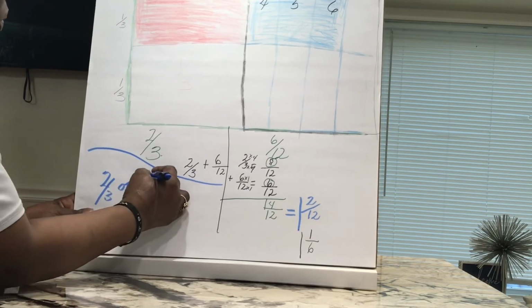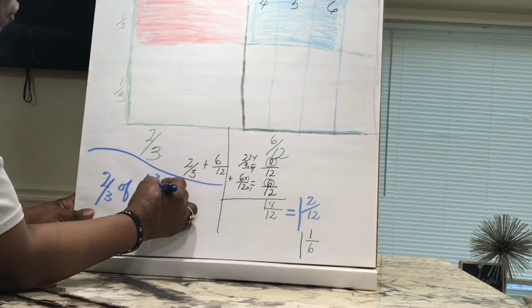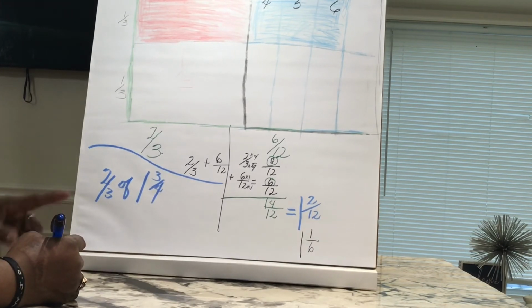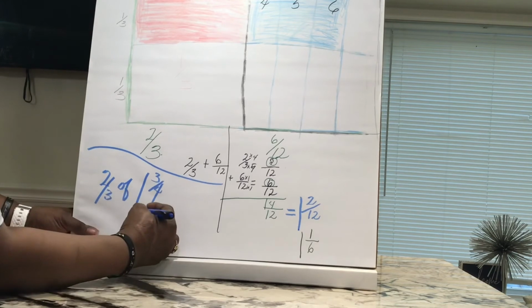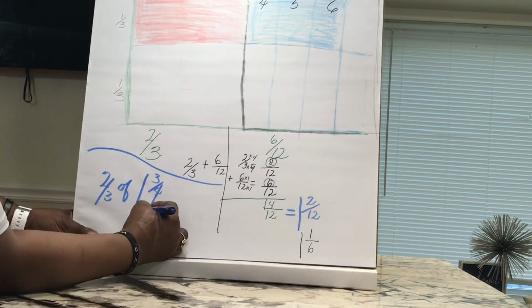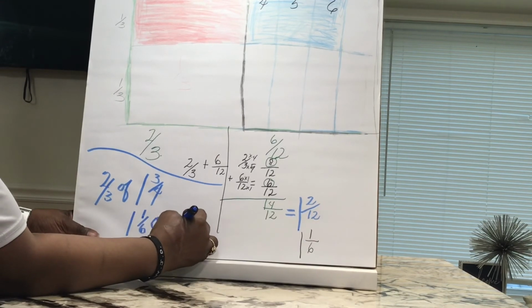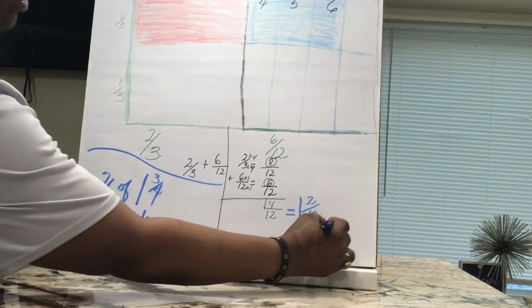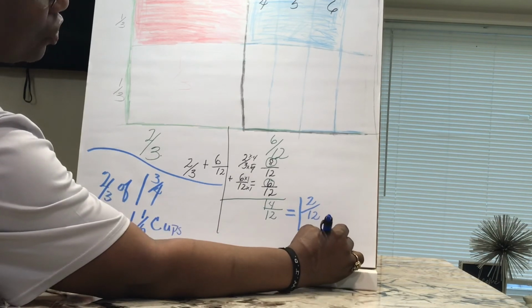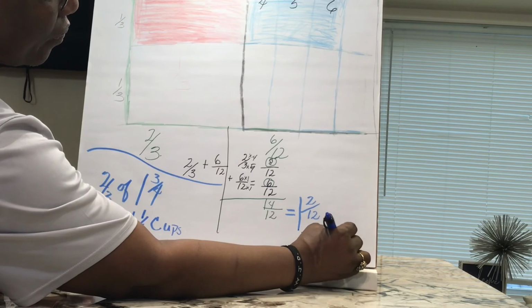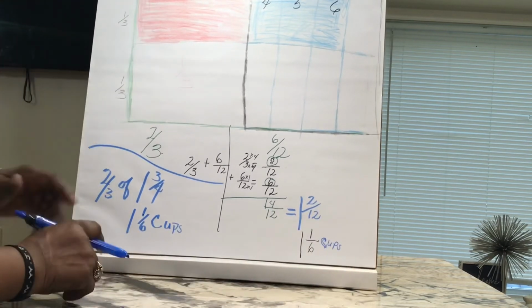So, if we were looking for what is 2/3 of 1 3/4, which was the original amount of sugar, we could say that we would need 1 1/6 cups of sugar to make 2/3 of the recipe.